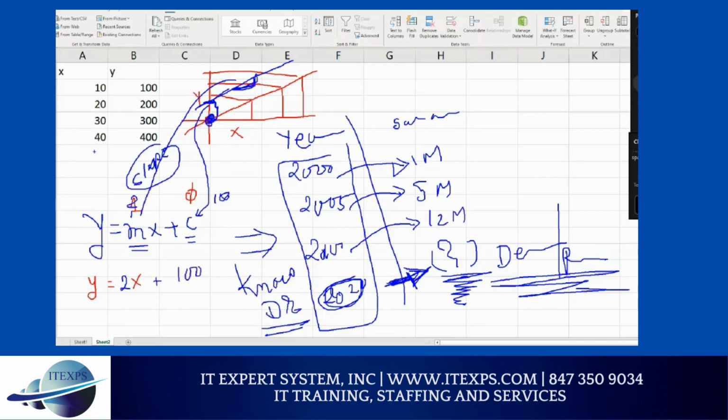Now if X is, let's say, 45, then I put X here, multiply by 2 plus 100, and I can easily calculate Y. So our goal is to create this formula so we can calculate Y. Sounds good? Let's do a couple of exercises so you can easily understand this behavior.